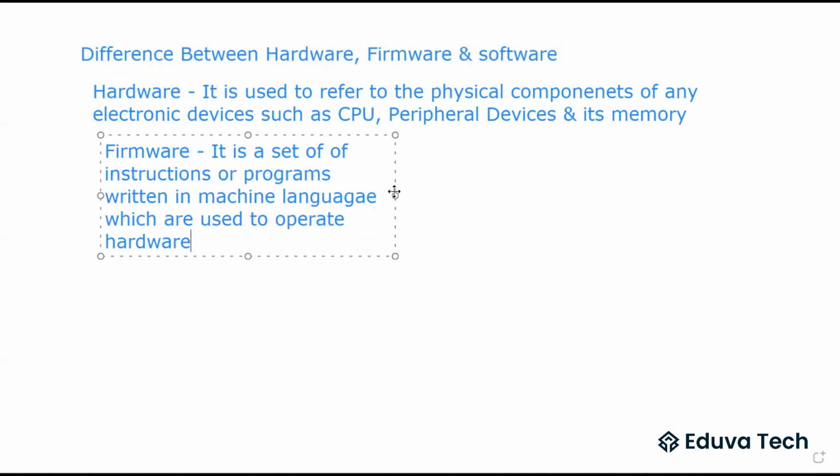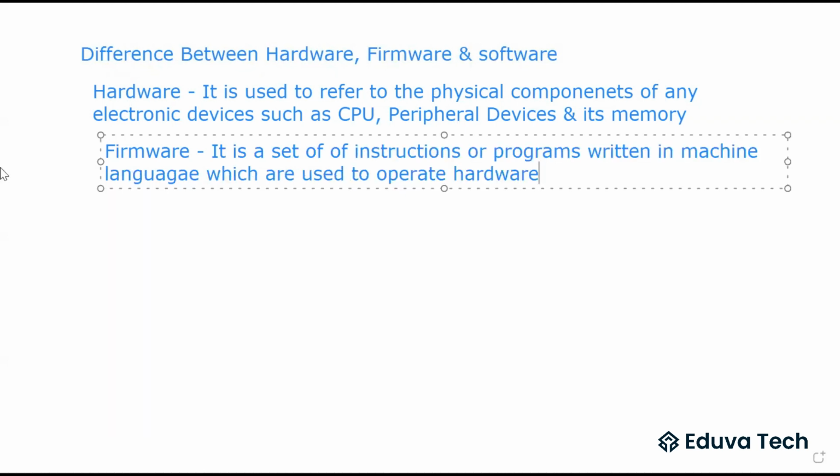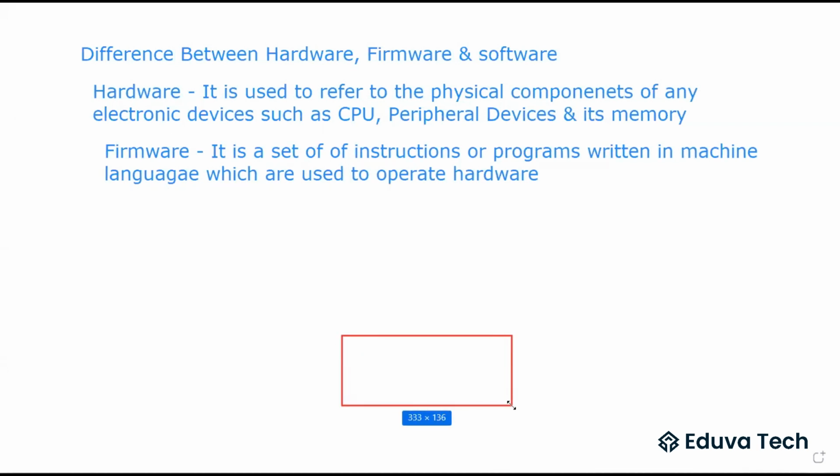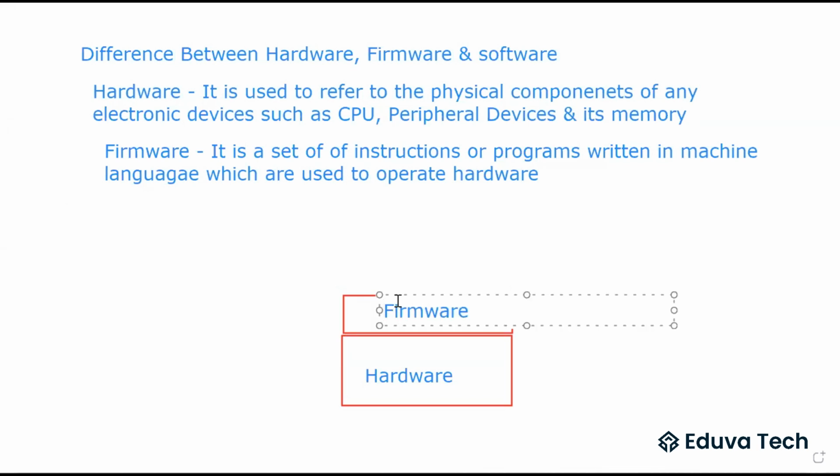Let me explain to you. This is our hardware device, hardware such as our mobile phone, and this is our firmware. This is our operating system, OS.